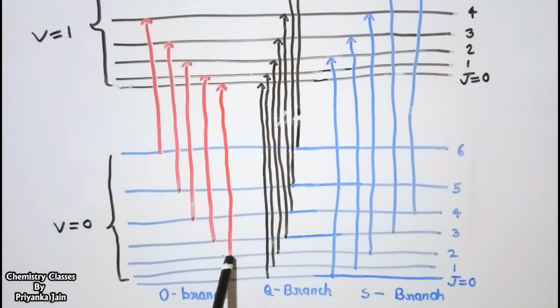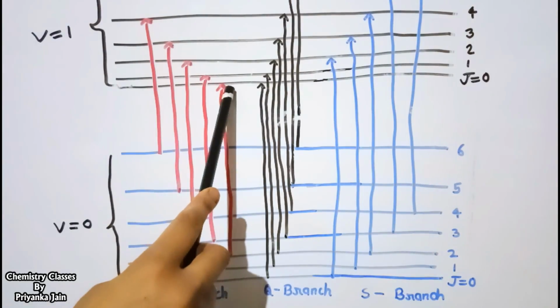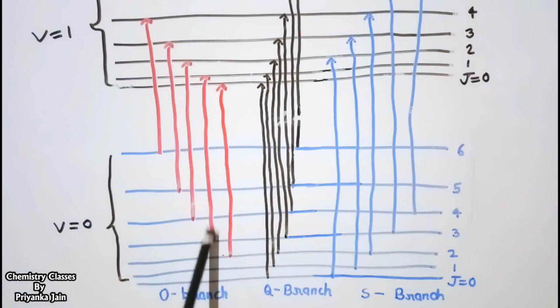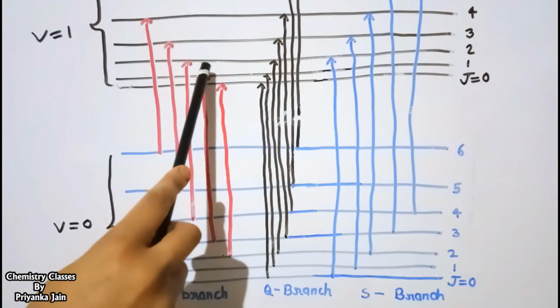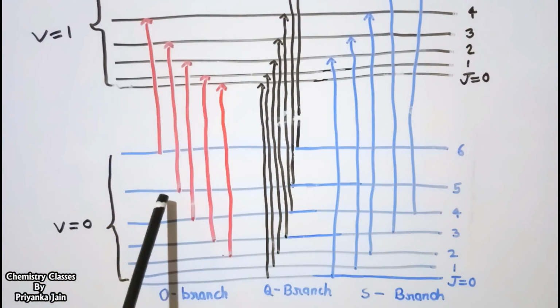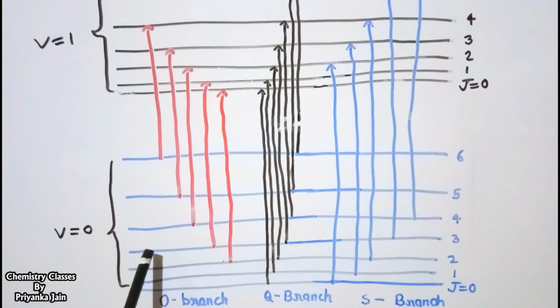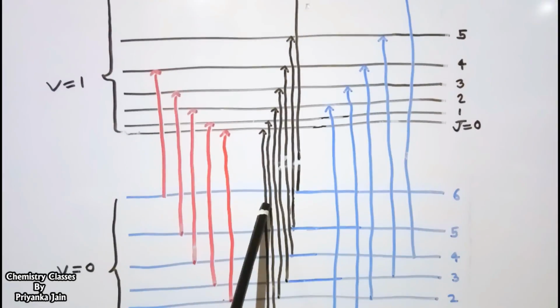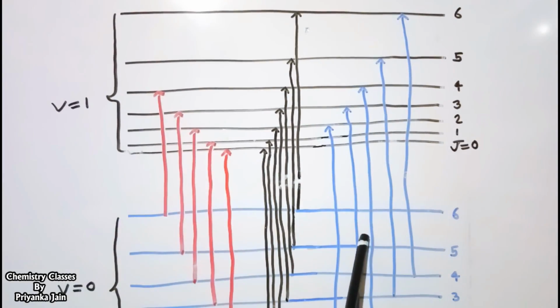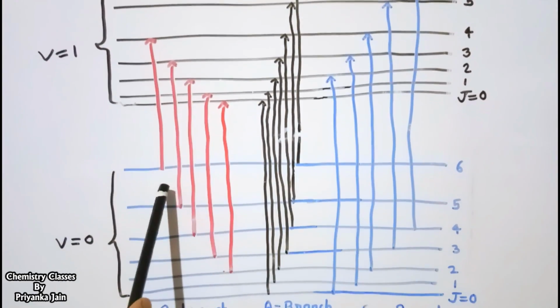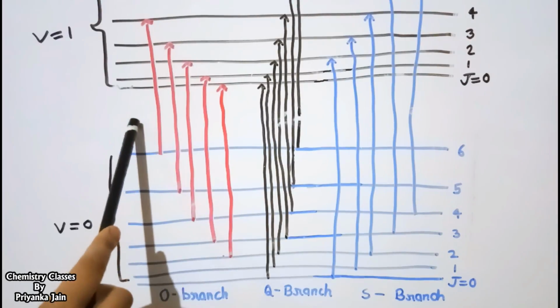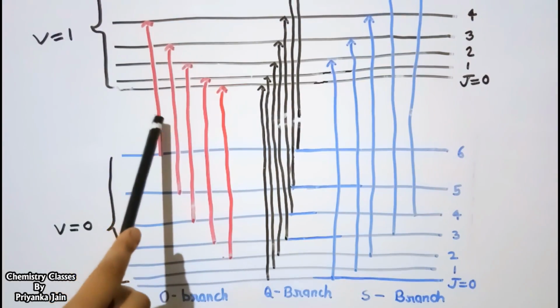It means the transition is taking place from J is equal to 2 to J is equal to 0, J is equal to 3 to J is equal to 1, J is equal to 4 to J is equal to 2. In this way the different transitions are taking place, and in this way we get the O branch of the spectroscopy. So in the middle we get the Q branch, and on this side we are getting the S branch, and on this side we are getting the O branch of the Raman spectroscopy.